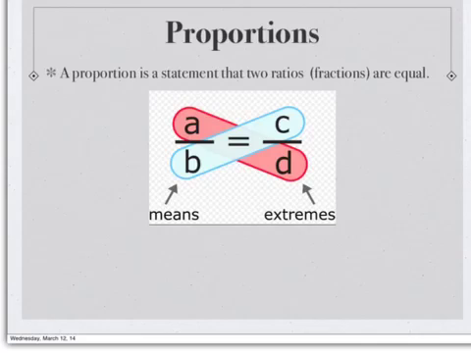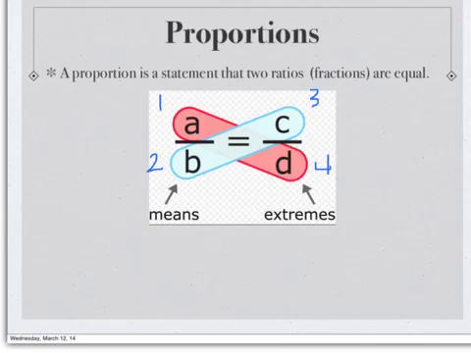I would not stress a ton about which is which. I'm going to show you why the means and extremes are important in a minute. The extremes are basically the first one and the last one. If you were to number these 1, 2, 3, 4, the extremes are the first and the last, and the means are the two in the middle.